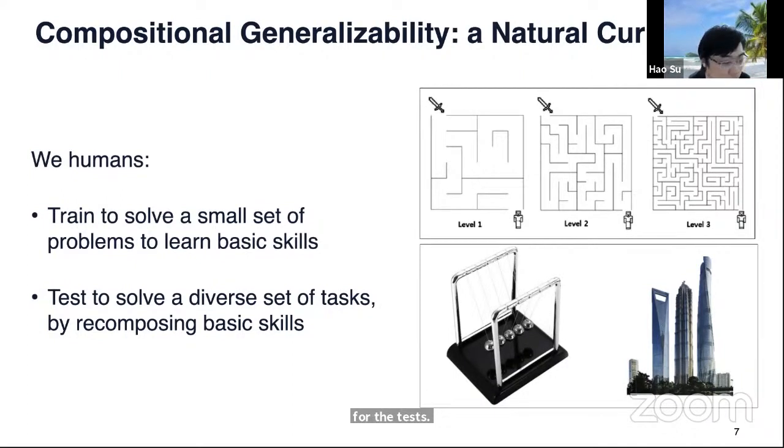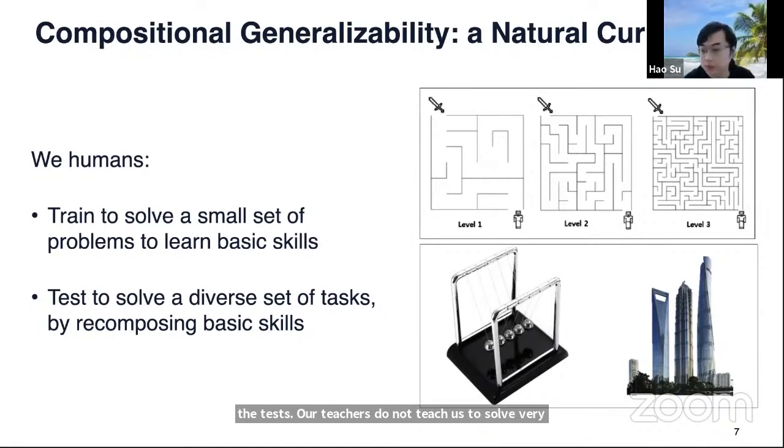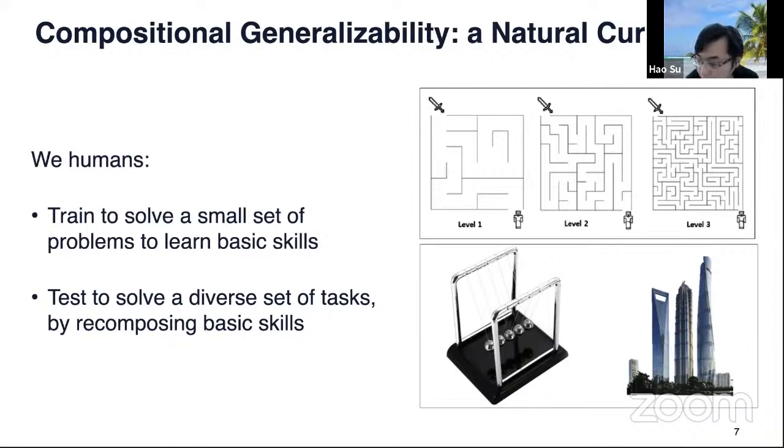Our teachers do not teach us to solve very complex problems at the beginning. Instead, we learn to solve some simple problems, like here, the maze example, right? We learn about solving simple mazes, and then at the harder ones, we get a certain instinct of how to address the complex test-type problem.